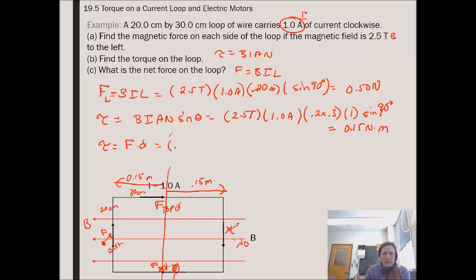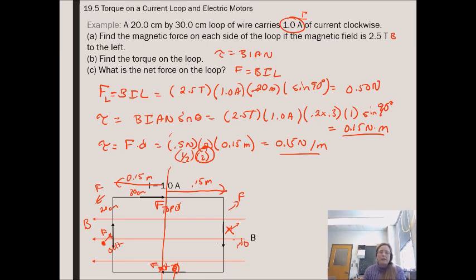So we get our force, 0.5 newtons, times 2, because there are 2 forces, 1 on each side, and then times 0.15 meters, and that gives us 0.15 Newton meters. So we get the same answer either way we calculate it, because we have 1 torque coming out and 1 torque going in, which is why we have 2 forces coming onto this loop.